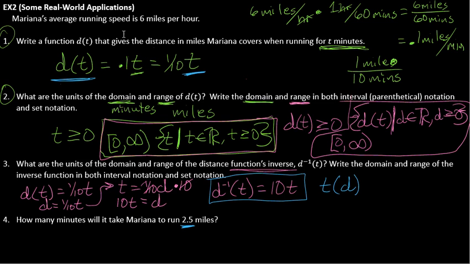And you can see, so the inverse of this guy, d of t, would be t of d. So distance as a function of time, its inverse is time as a function of distance.